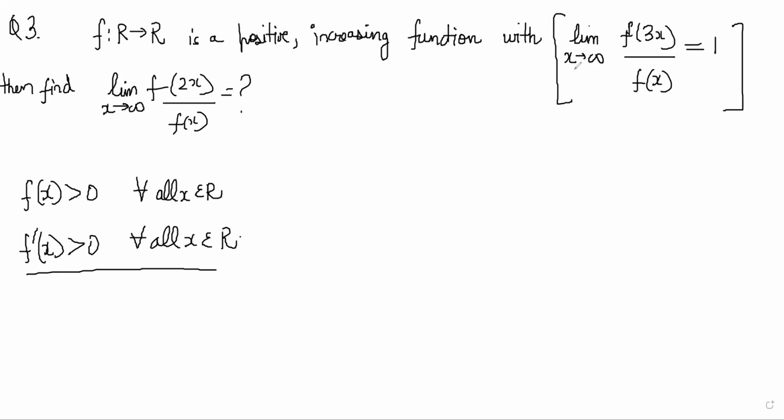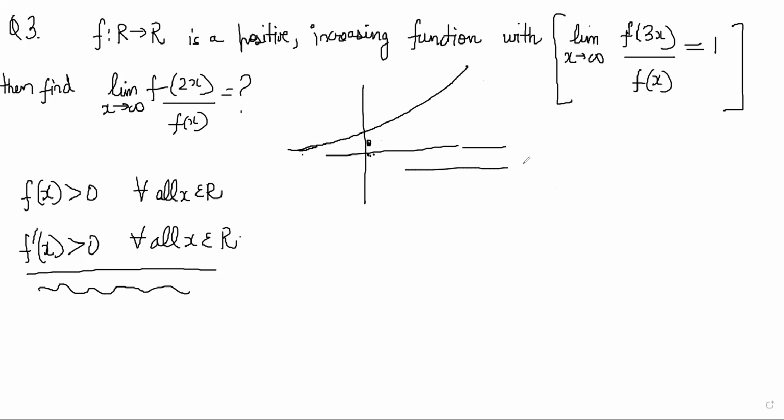If it is increasing, then as you increase x it should go to infinity, right? Because if it is positive and increasing, then f of 0 must be positive, every value is positive. It is forever increasing, so if you go to a very high value, every value is greater than the previous one.